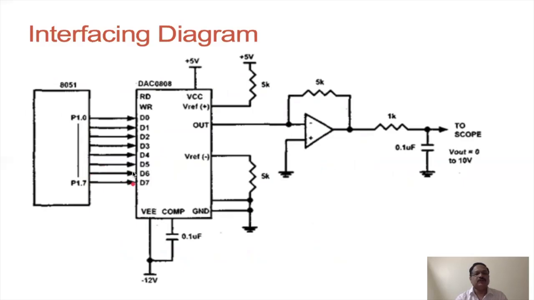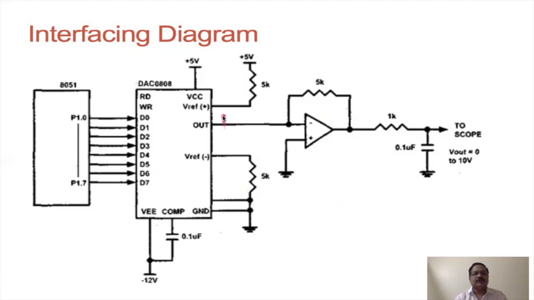The digital input is applied here to the D2A converter, and then at the output of the DAC you will find an operational amplifier used as a current to voltage converter. So you will get the equivalent output voltage that can be read out here, right?